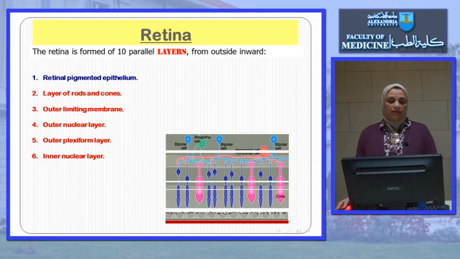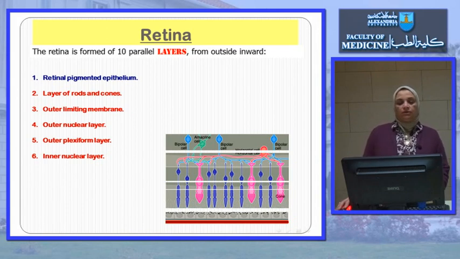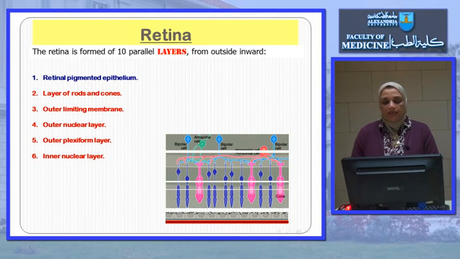Now, what are the 4 cells present in the inner nuclear layer? Number 1 is the bipolar cells, the cell body and nucleus of bipolar cells. Then 2 associating cells, you remember, one is the horizontal cell, the other is the amacrine cell. What about the 4th cell? The 4th cell is the Muller cell, the supporting cell, the neuroglial cell.